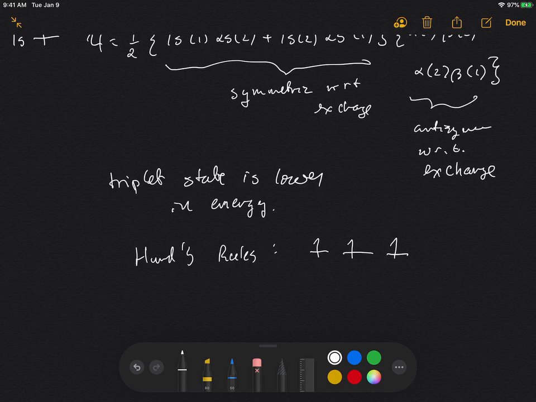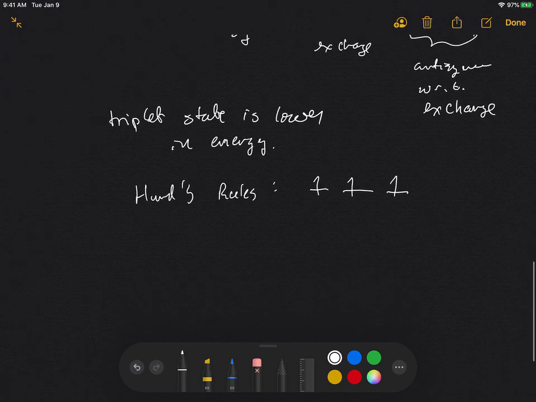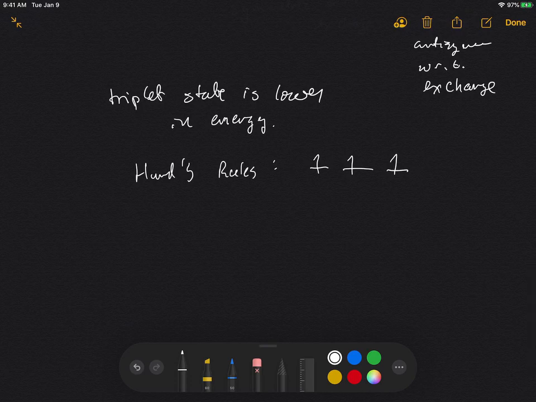So this is consistent with saying that if we have unpaired spins, all else equal, we're going to have a lower energy configuration, as long as we don't do anything that violates Pauli's exclusion principle, like putting two up-spin electrons in the same orbital. That would violate the Pauli exclusion principle. Okay, so that's one way to look at it.